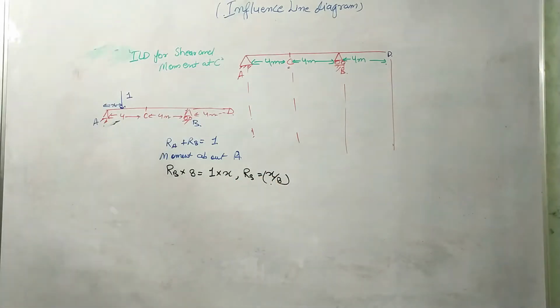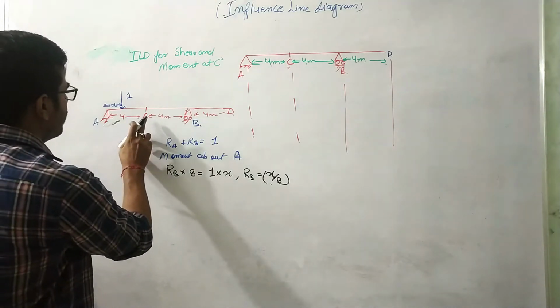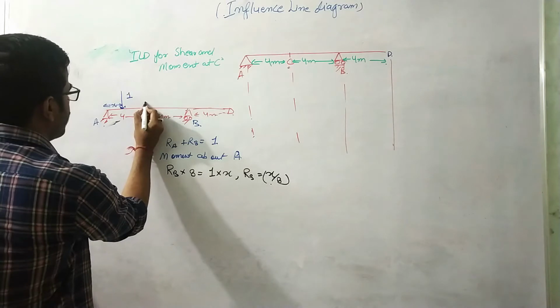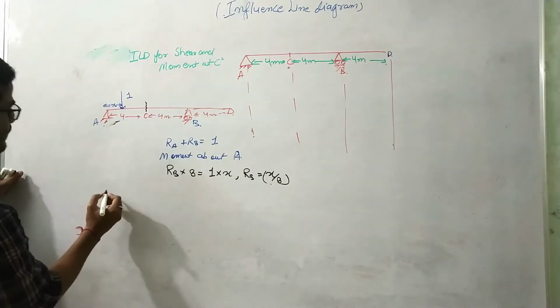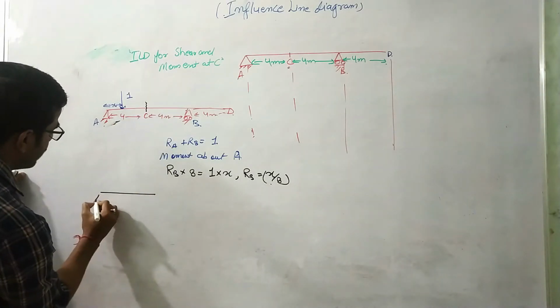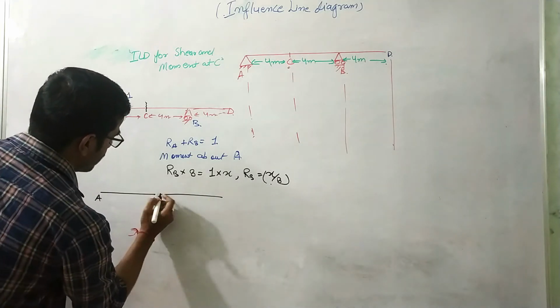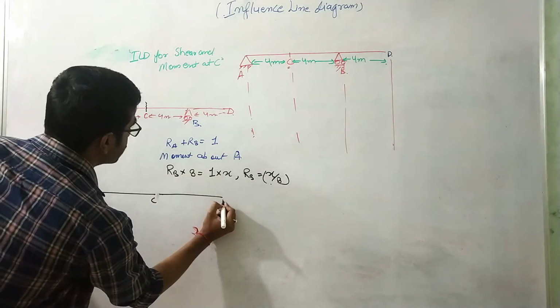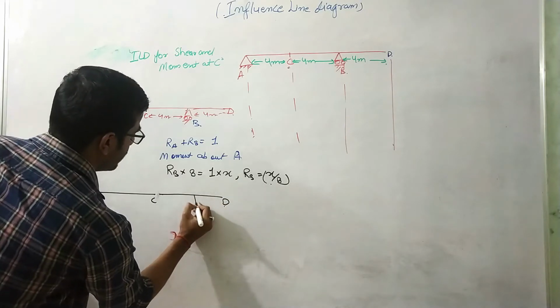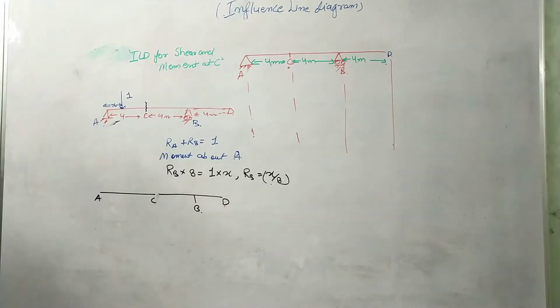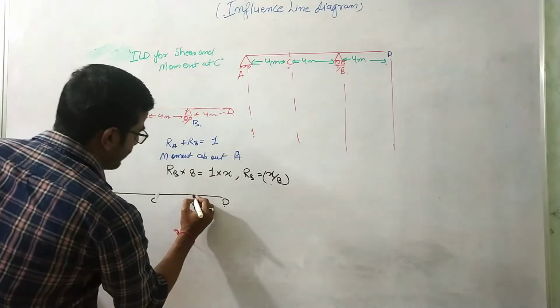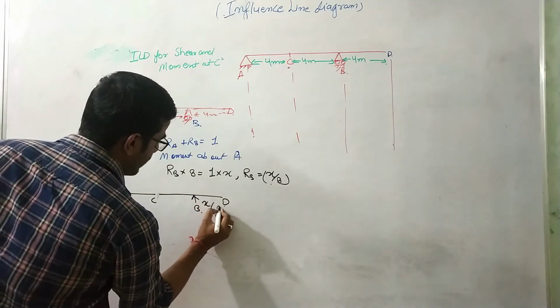Right. So if I cut this beam at this section, it will look like this. This is AC and this is the B point. At B we find that the reaction is X by 8.